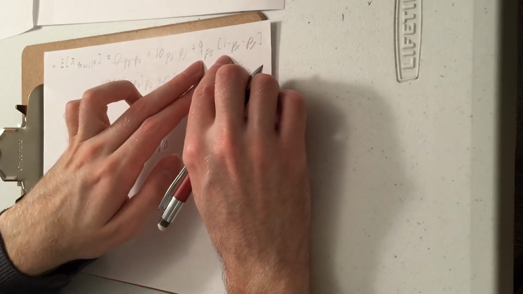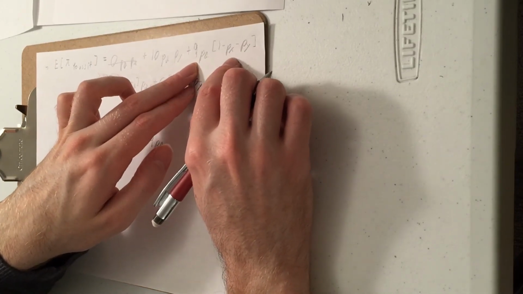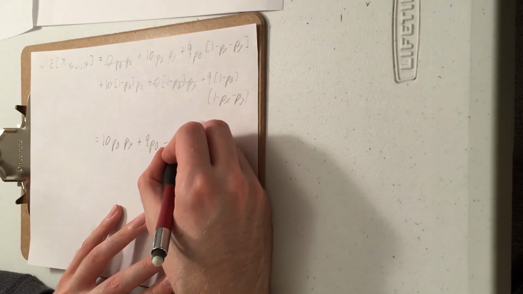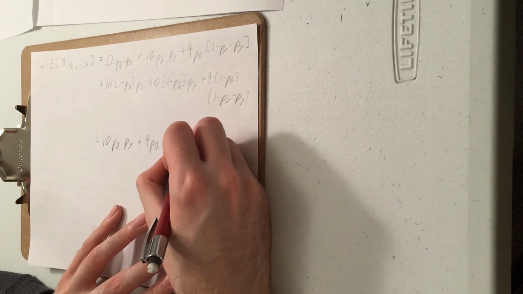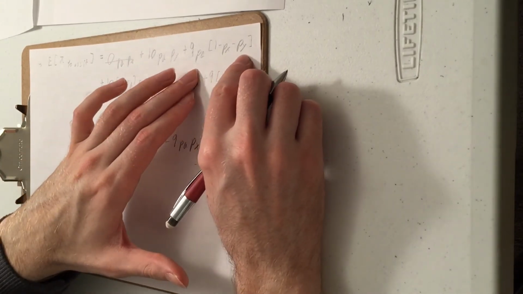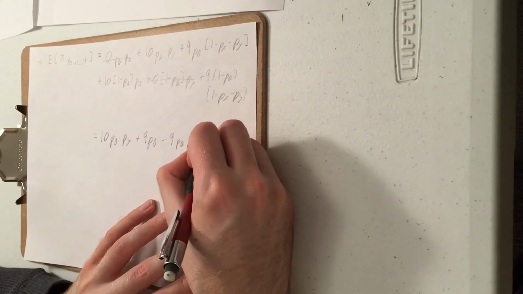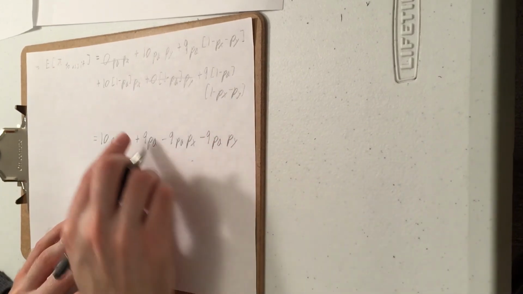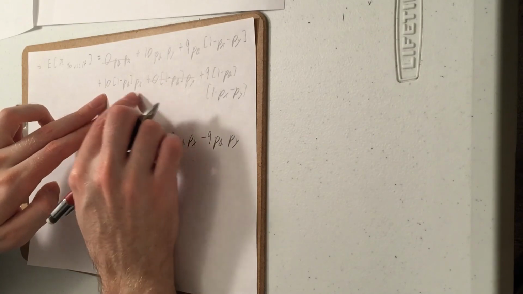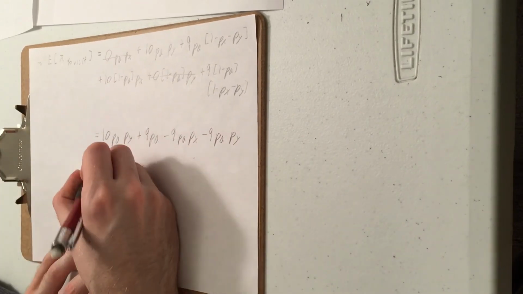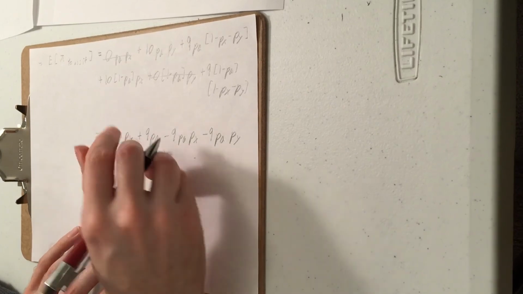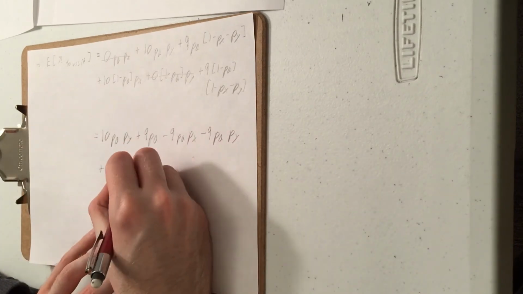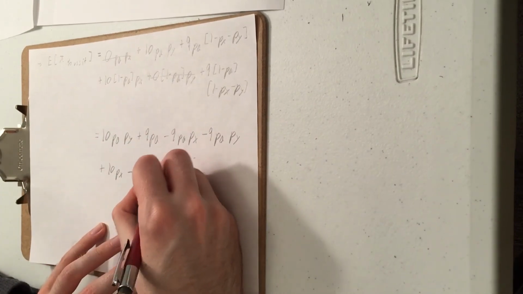So 9 PA times 1 is 9 PA. 9 PA times minus PX is minus 9 PA PX. 9 PA times minus PY is minus 9 PA PY. Then we have a 10 times a 1 times a PX, so plus 10 PX. 10 times minus PA times PX will be minus 10 PA PX.